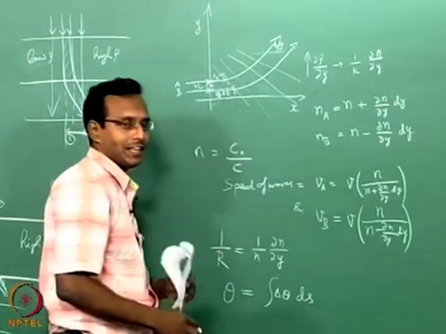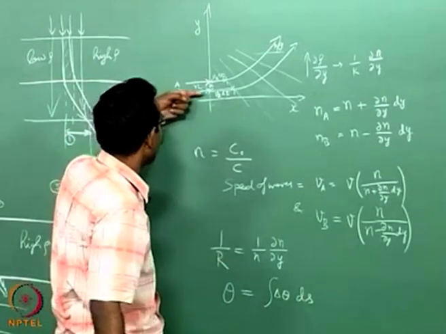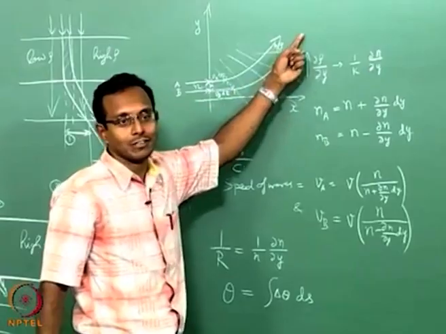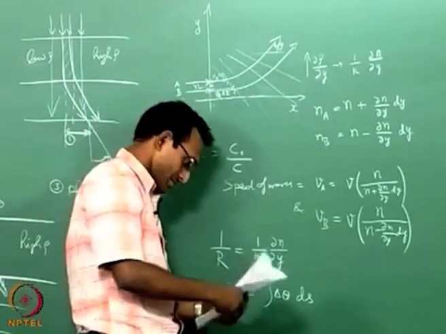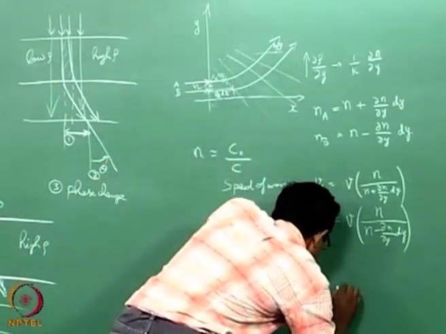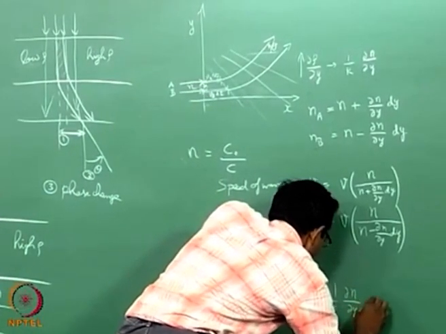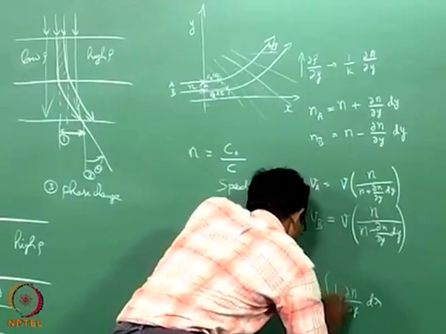I am writing ds here, not dx, because I am following the light ray. I am going along the light ray path and integrating along that. If I do this, this can be written as 1 by n dou n by dou y ds.